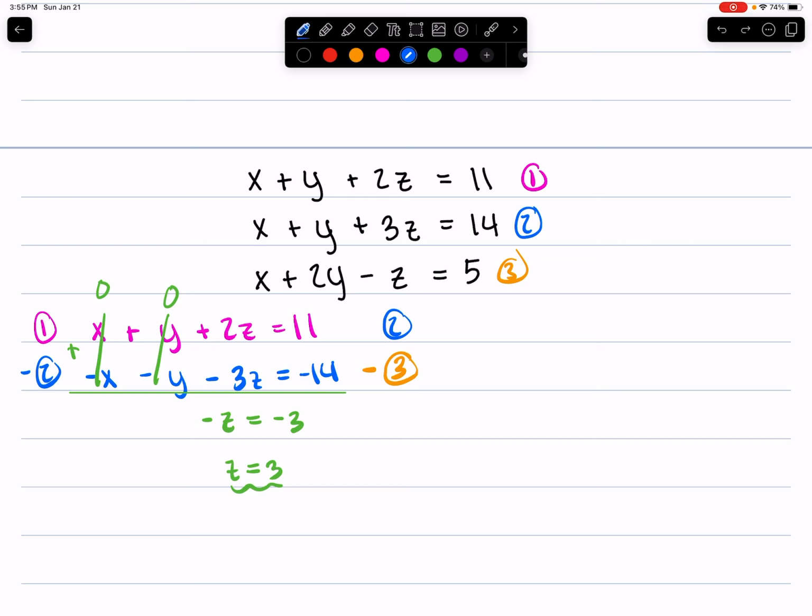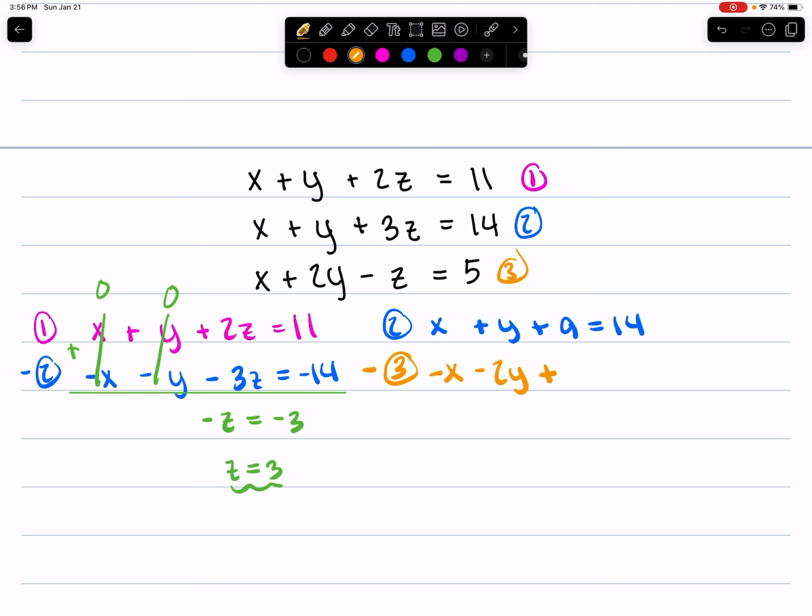So we're just going to rewrite equation 2. We're not going to change anything with it. It's x plus y plus, what do we know z is? We know it's 3, so 3 times 3 is 9, equals 14. And then on the other side of things, for equation 3, we're going to have negative x, because we're multiplying everything by a negative, minus 2y plus z now.